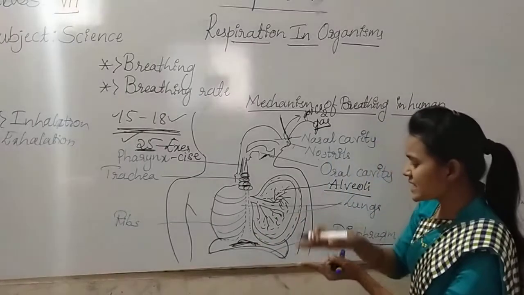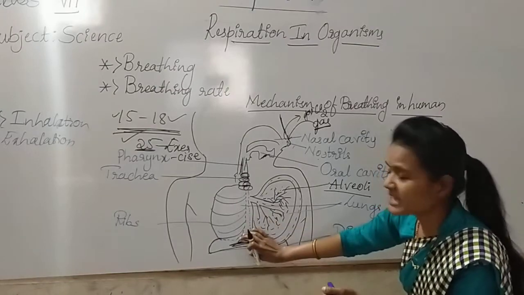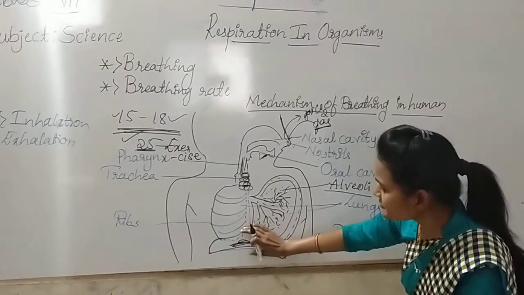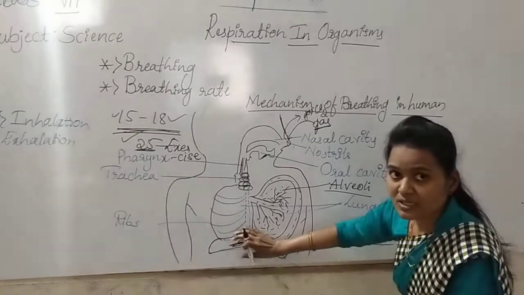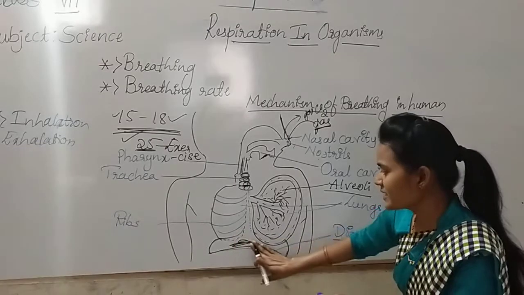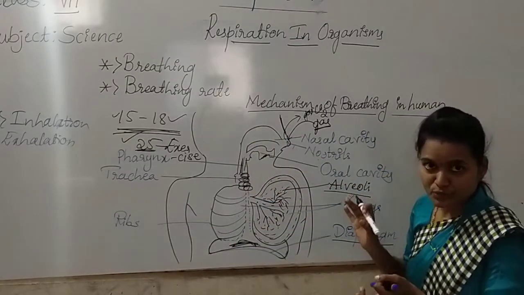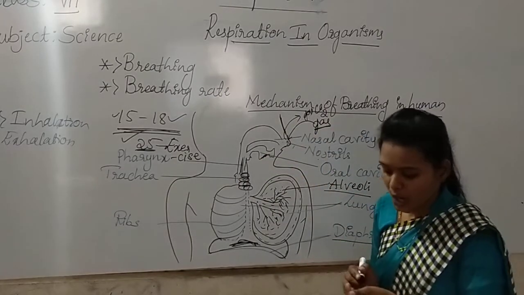Because of this less space between the chest cavity and the digestive system, which we call the abdomen, the air present in this part will be pressed out and moved out. So like this, inhalation and exhalation go on.